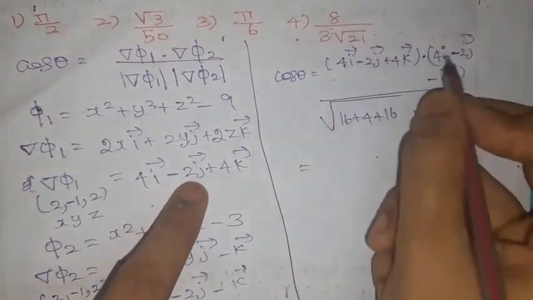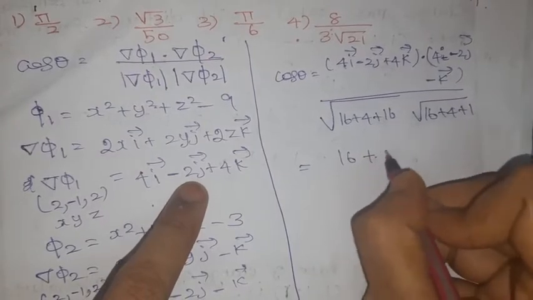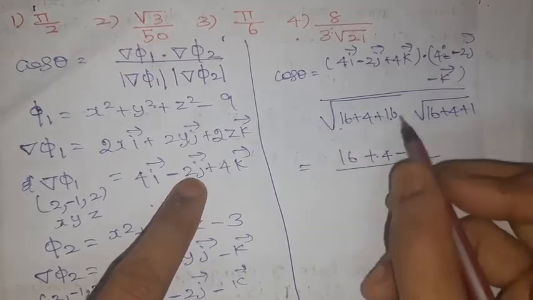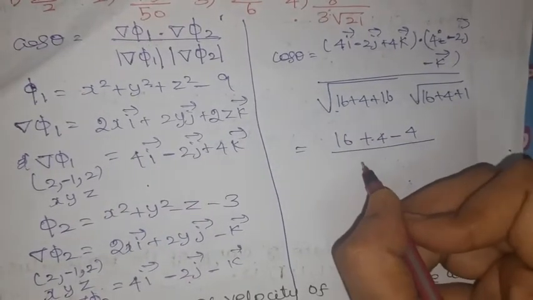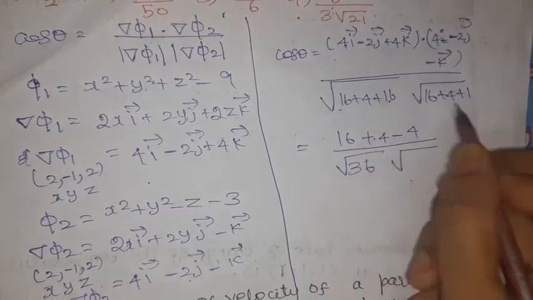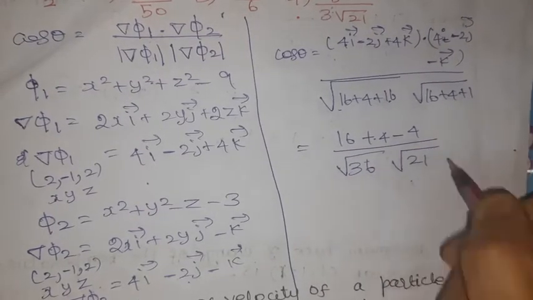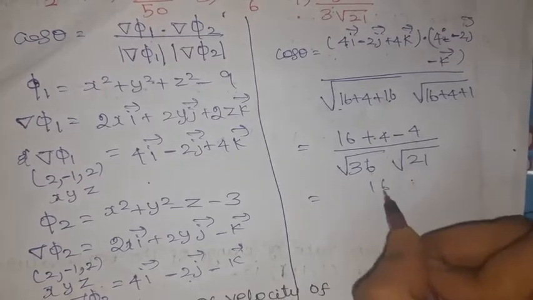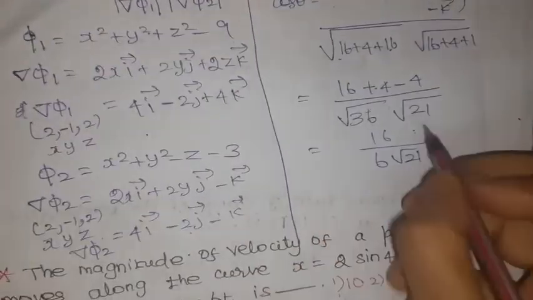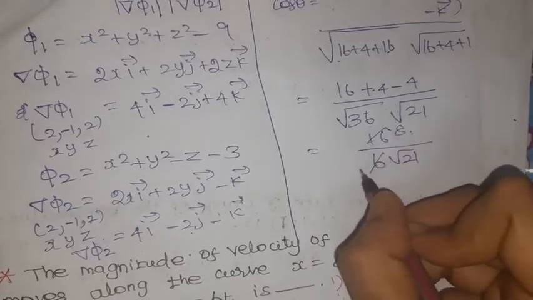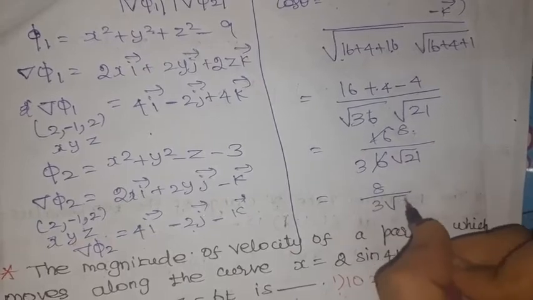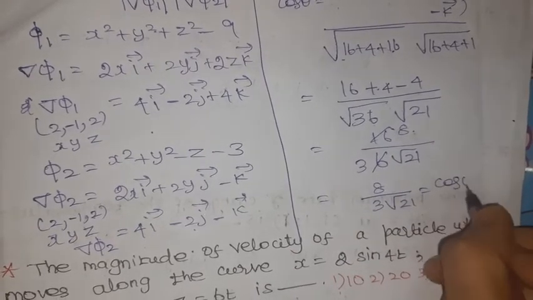Dot product is 16 plus 4 minus 4, divided by square root of 36 times square root of 21. So 16 by 6 into square root of 21, which gives 8 by 3 square root of 21, equal to cos theta.